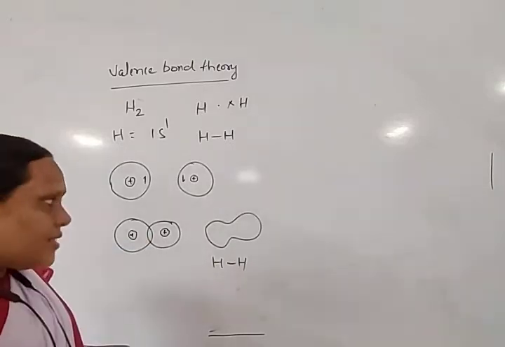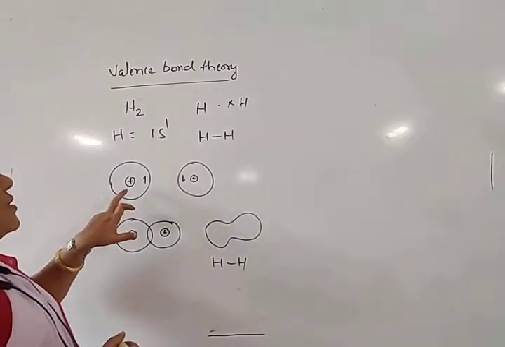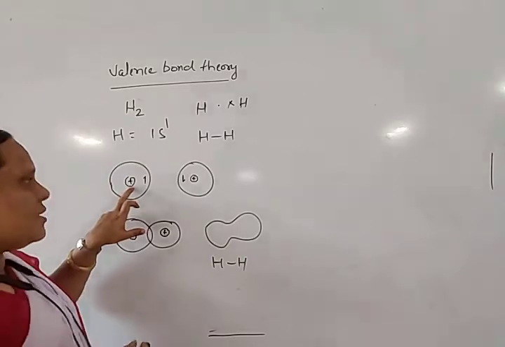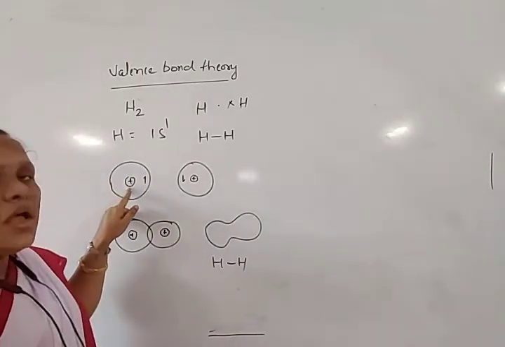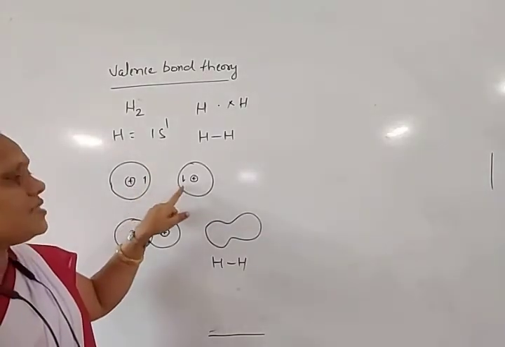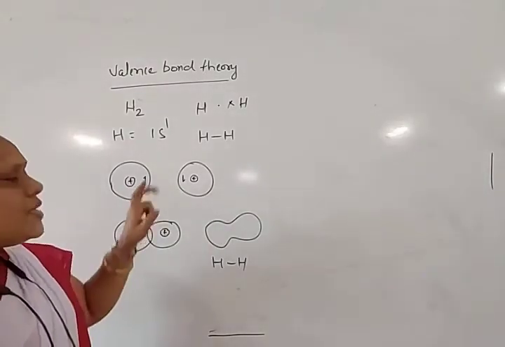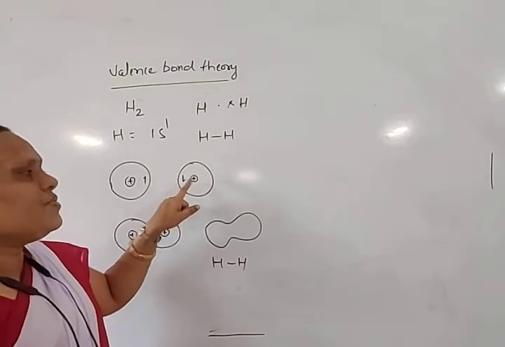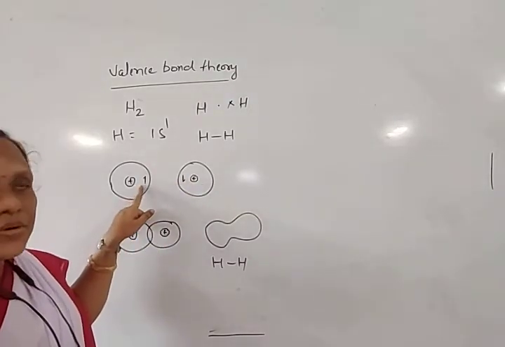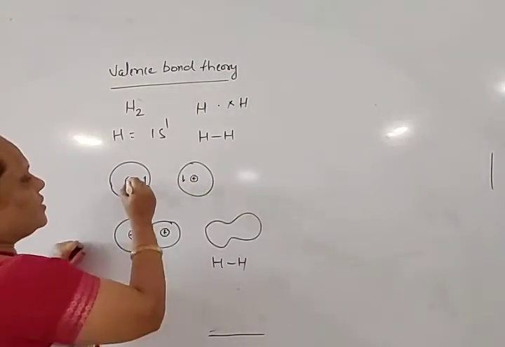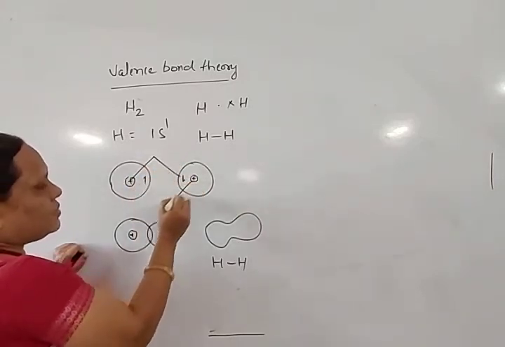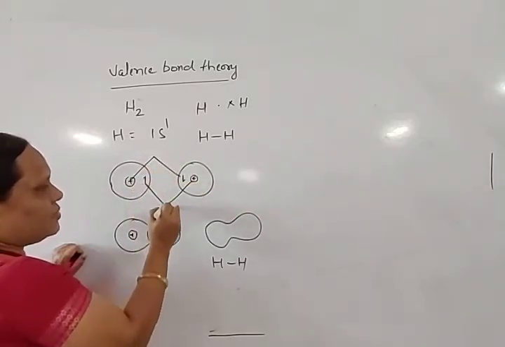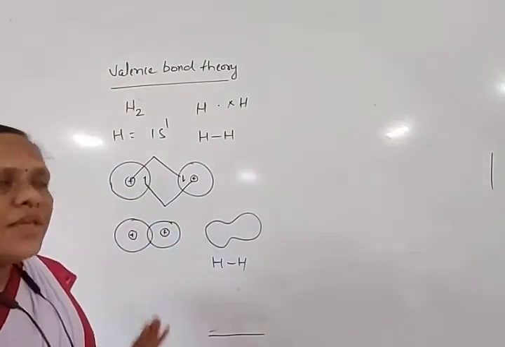So actually why does this overlapping take place? Look here, this is the nucleus, positively charged, and one electron is present. There is a force of attraction between this nucleus and this electron, and also a force of attraction between this nucleus and this electron.